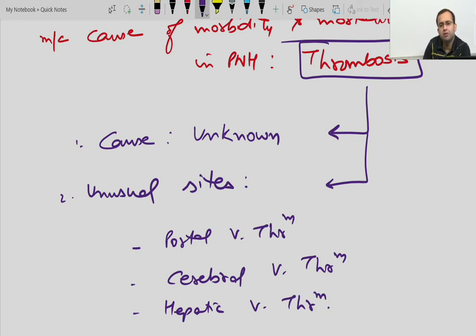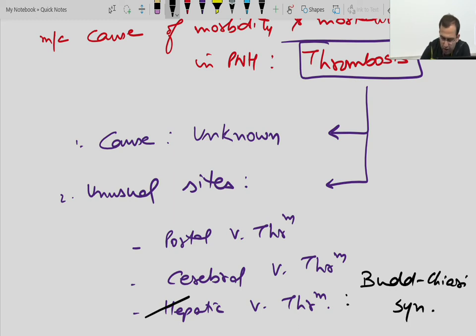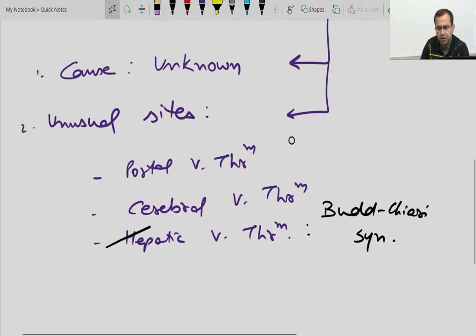What is the special name associated with which thrombosis? Hepatic vein thrombosis. It has a special name called Budd-Chiari syndrome. Done. This takes care of question 12.